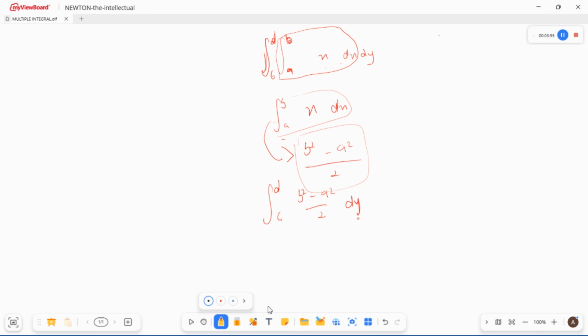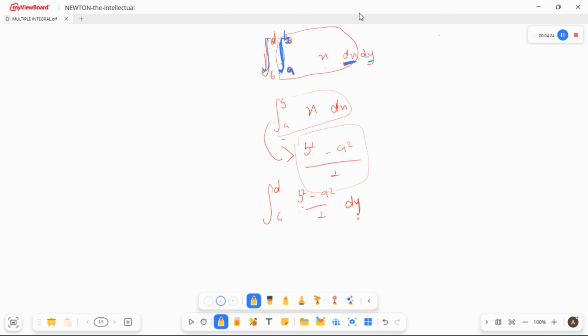So one thing I need you to understand is that the first differential that you have here, this dx, is going to take the first integral sign, right? While the second one, dy, is going to take the one outside. So when you integrate for dx, make sure you are taking the first one, right? And then when you integrate for dy, make sure you are taking the second one, right?